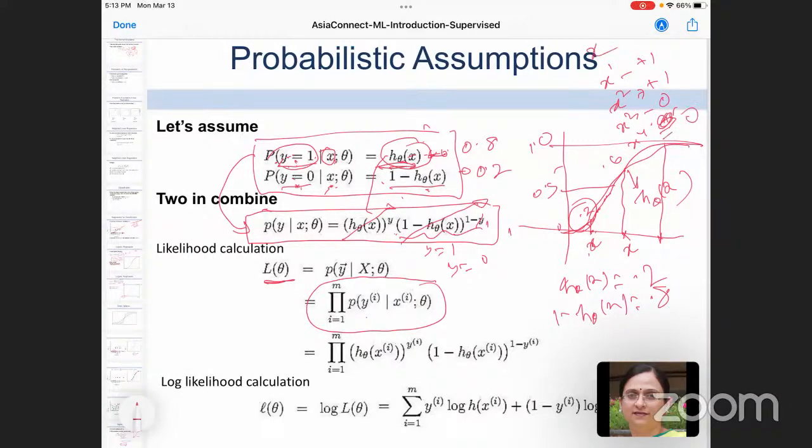These are x, these are y. You have to find the theta that gives the maximum probability for this training set. That's why this is called the likelihood of theta. Find the theta that will give you the maximum value.